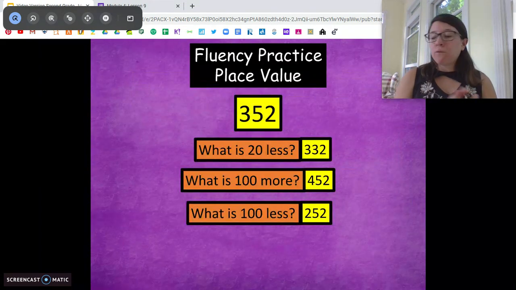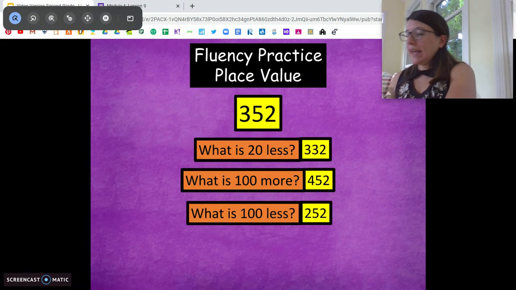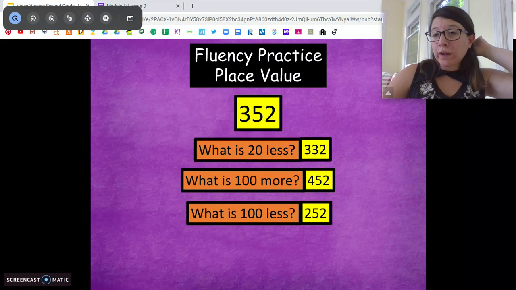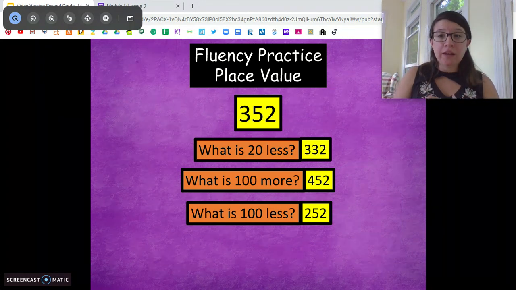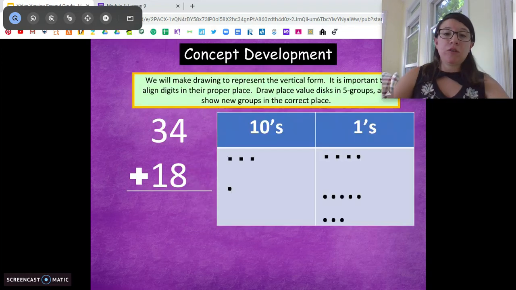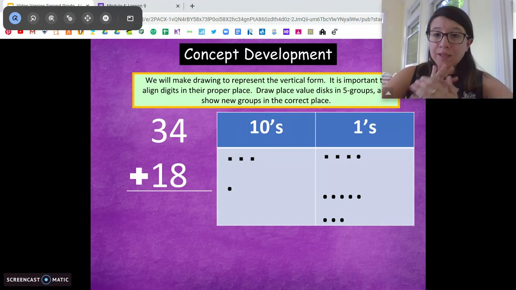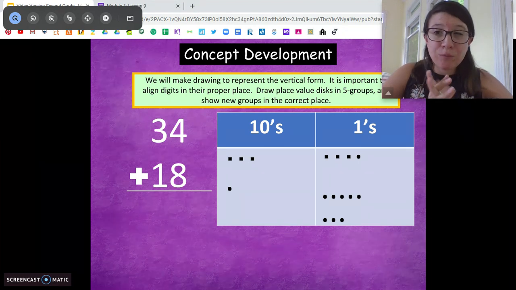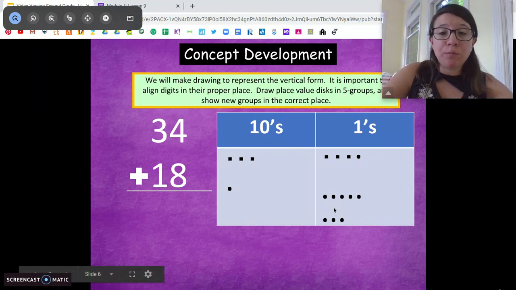Okay. Now, I want you to take out your paper, take out your pencil. We're going to practice using the vertical method and our place value chart, but by drawing our place values. So instead of using the place value discs, we're going to make a drawing. So when you make a drawing, as I said with your place value discs, it's very important that you line them up in groups of 5.